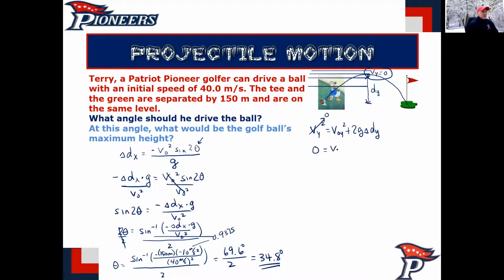And so we obviously could go through and solve for time, but I like to work smarter, not harder. I don't want to solve for things I don't have to solve for. And since we have this way of solving for dy without time, and we know this value at its highest point is 0, that's an easier way to go.